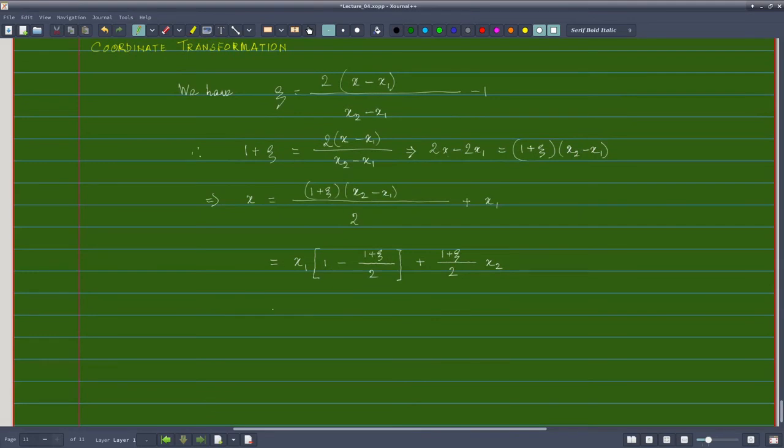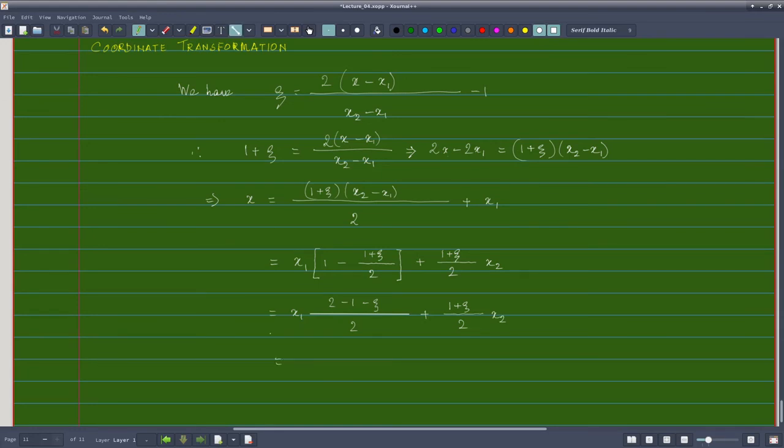And what is this value? 1 minus 1 plus xi by 2. This is my 2 minus 1 minus xi, plus 1 plus xi by 2 into x2. And what is this?